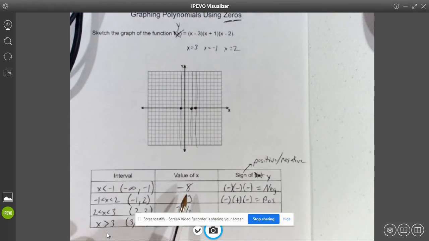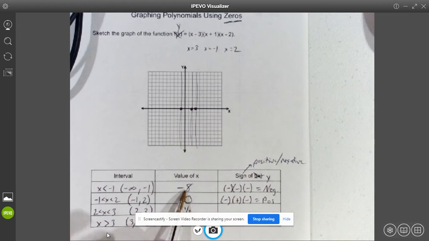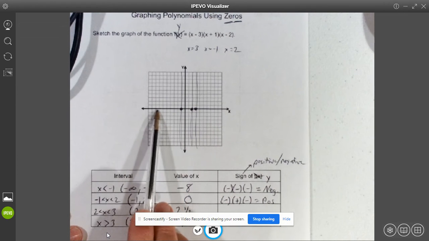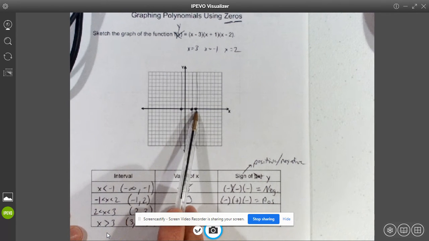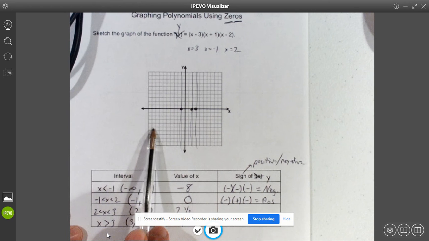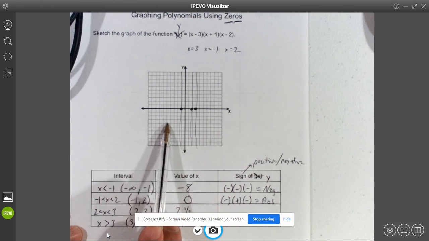Now, let me just point something out here. When x is -8, that's somewhere out here. When x is -8, we know we get a negative value for y. If these are the only times this thing goes through the x-axis, if I'm getting a negative value for -8, it means I'm also going to get one for -7, for -6, for -5.